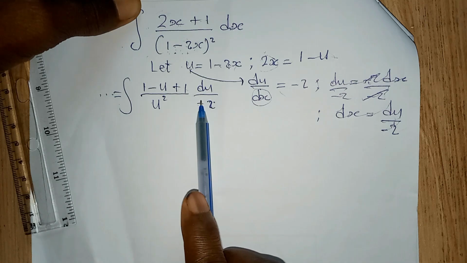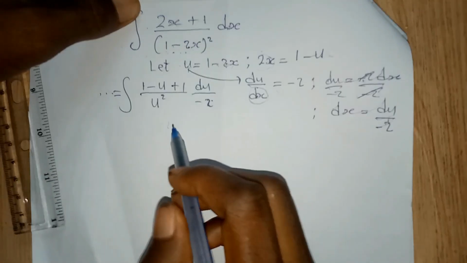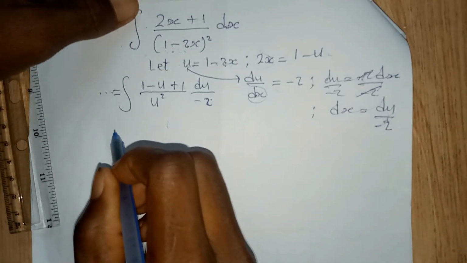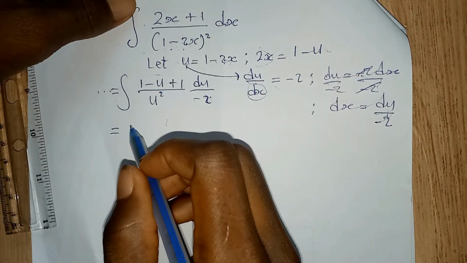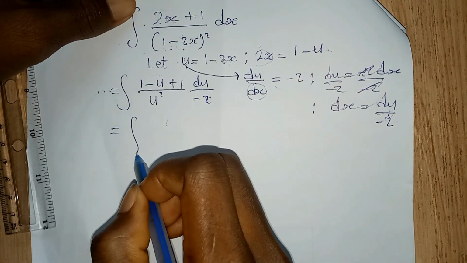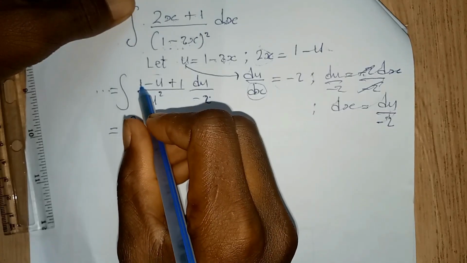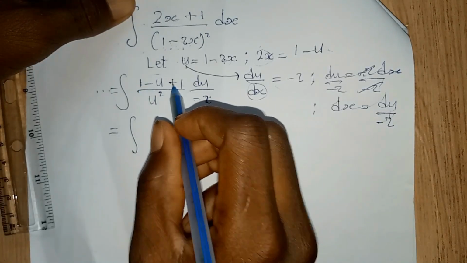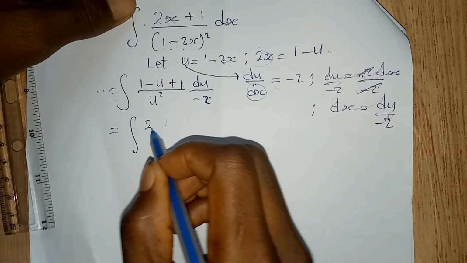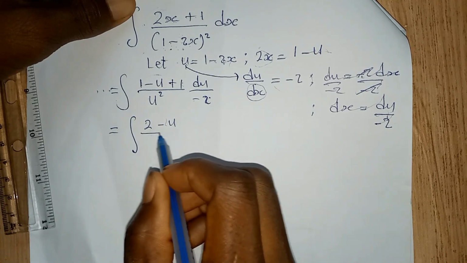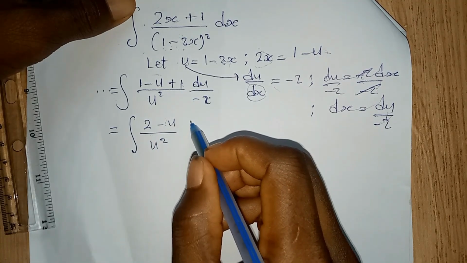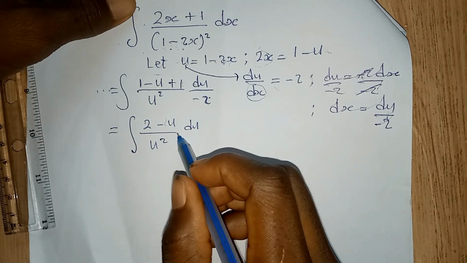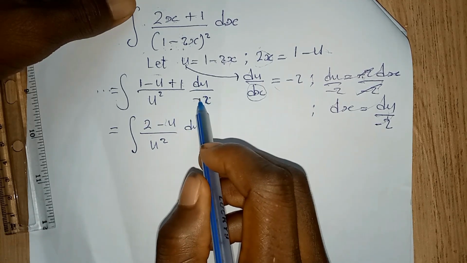Since we have expressed all the terms of x in terms of u, we now continue with our integration by simplifying the resulting integrand. So we have the integral of 1 plus 1 gives 2, minus u over u squared du. Now this is a constant.